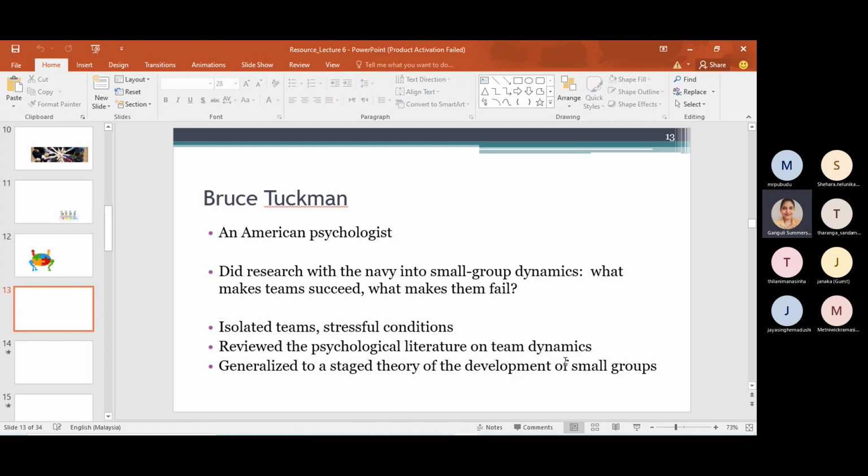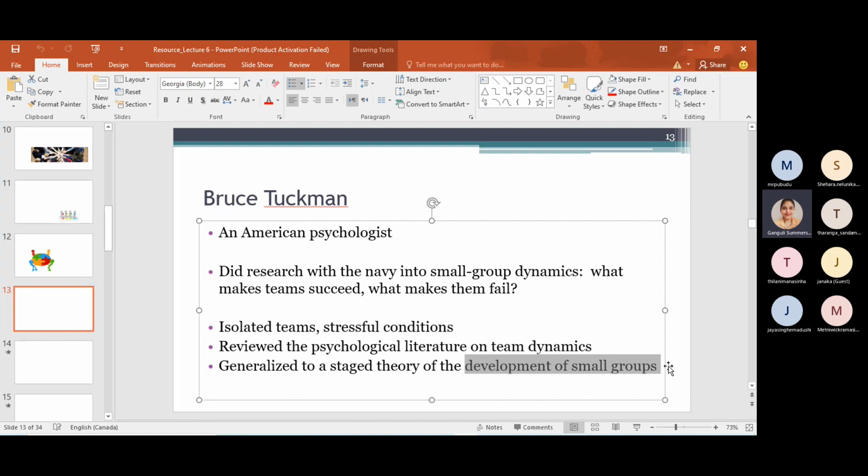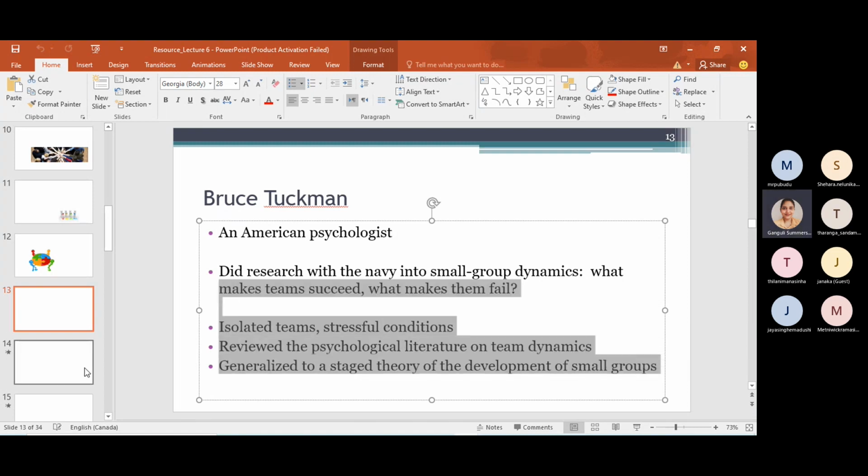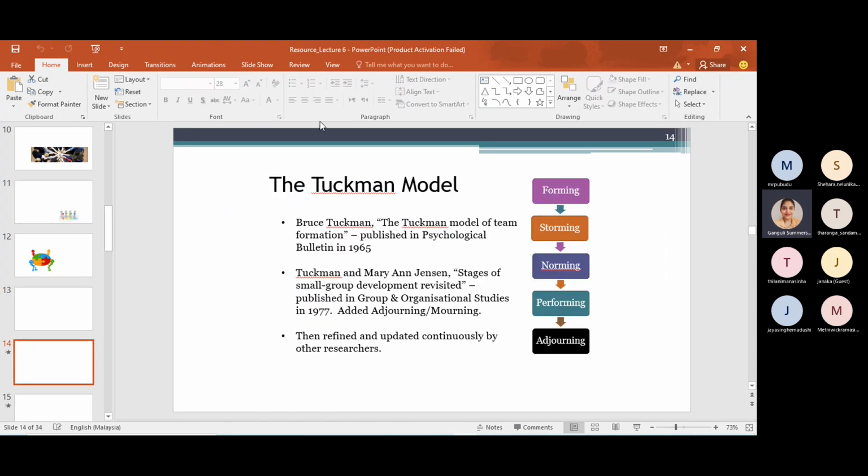And he studied the development of small groups. He studied all these areas and came up with this theory called Tuckman's group theory or Tuckman's model. The Tuckman model of team formation was published in Psychological Bulletin in 1965.